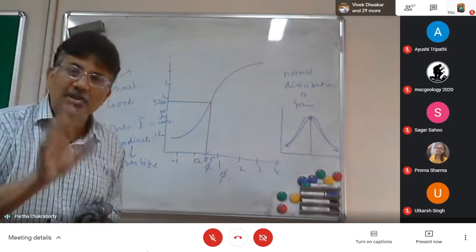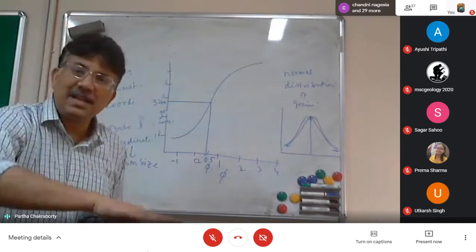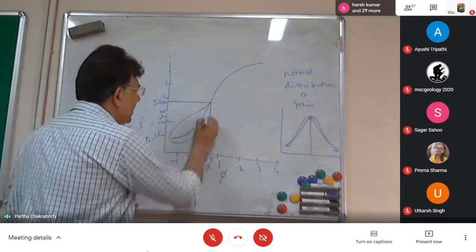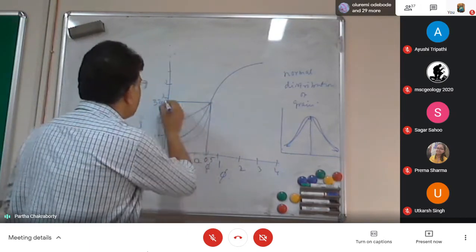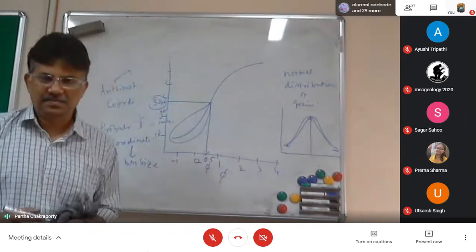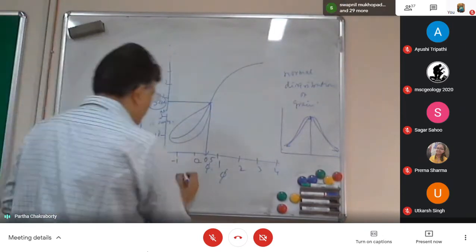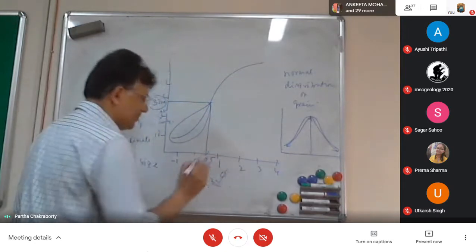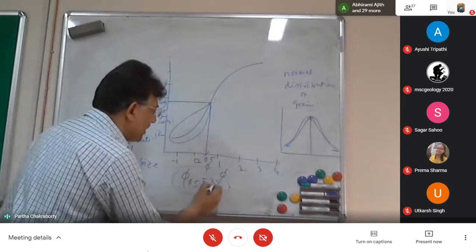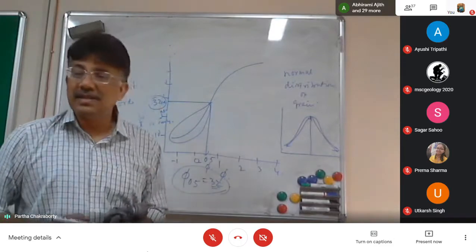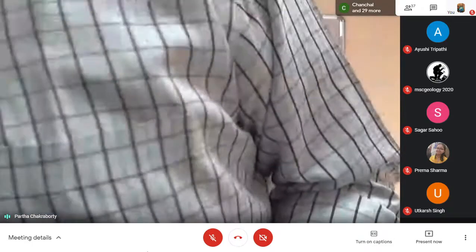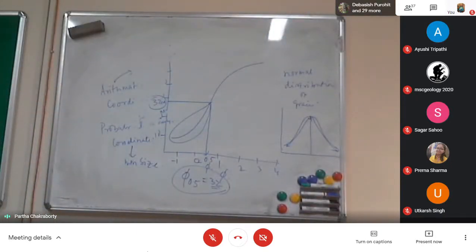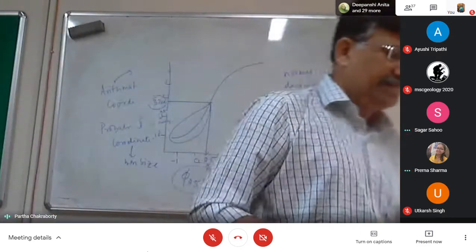That means 32% of the grains are coarser than 0.5, and this much is represented by 30%. So when we say phi 0.5 equals 32, that means 32% of the overall population is coarser than the size represented by phi 0.5. Is it clear? Yes, sir. Okay.